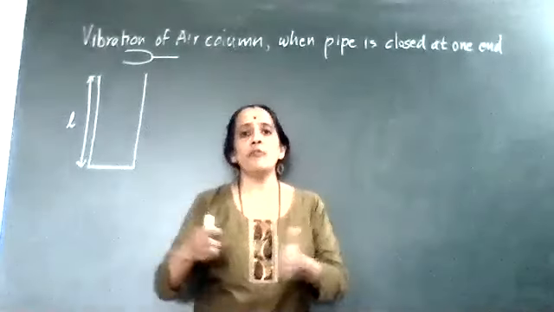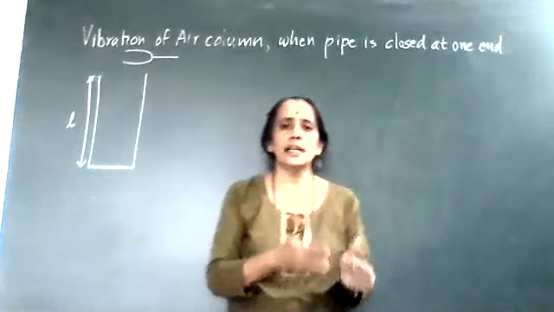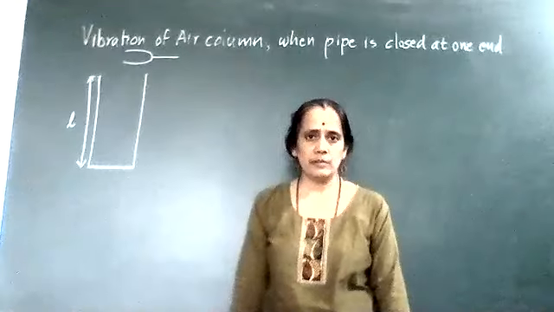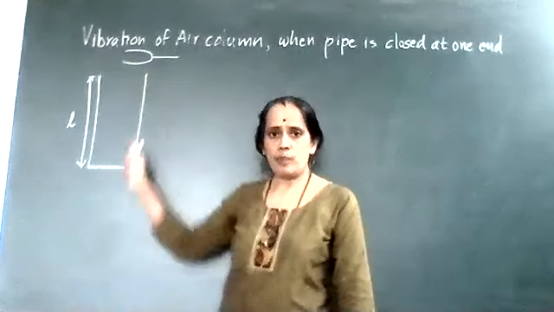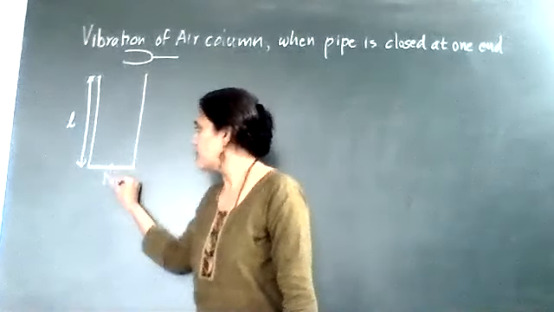It is in the form of loops. And loop means what? Alternate nodes and antinodes are formed. Clear?